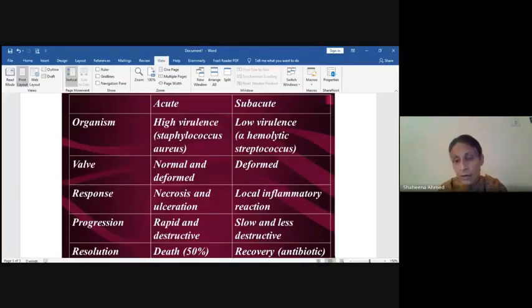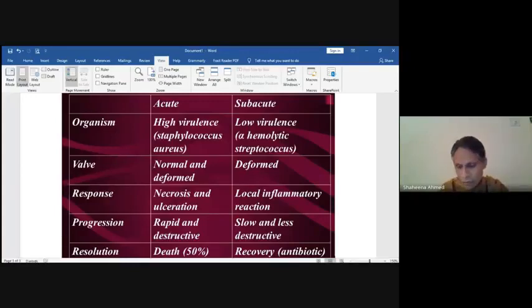Now, if you look at the cause, usually for your dilated cardiomyopathies, there can be a number of causes. There can be some metabolic problem, there can be some infectious problem, there can be some pleural pathology. I mean, there can be a lot of causes which can lead towards a dilated cardiomyopathy.